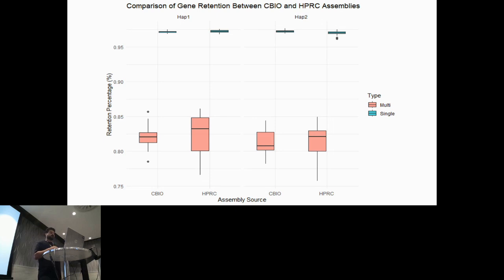And for the multi-genes, as you see, it's lower in both the HPRC and our samples as well, which means maybe it's due to complex regions. But still, there is no significant difference between our assemblies and the HPRC assemblies.